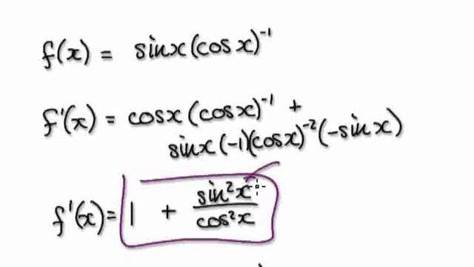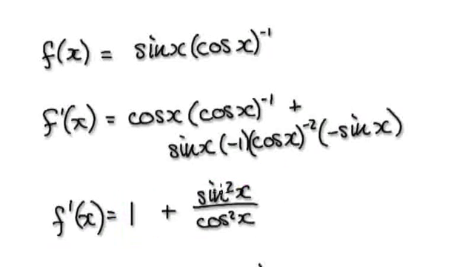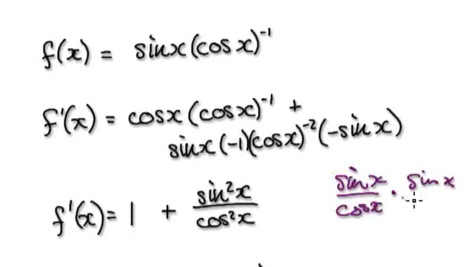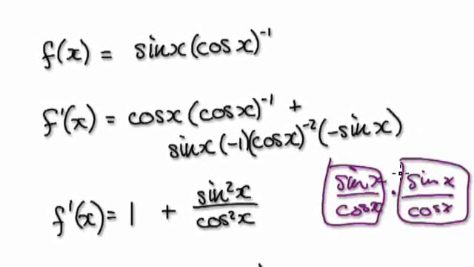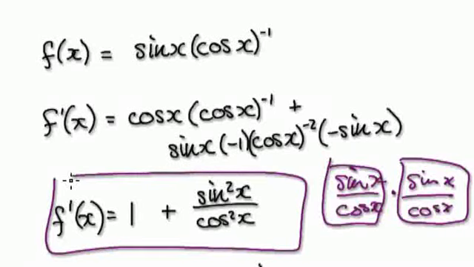And don't forget, this thing here is really sine x over cos x times sine x over cos x. So this here is just tan, and this is tan, so it's really tan squared. Anyway, when you differentiate it, it will give you this here.